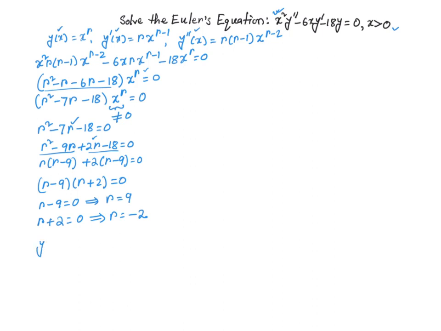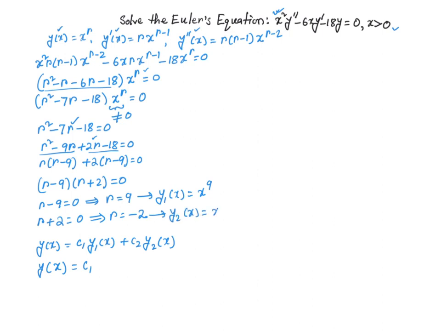So my general solution is going to be y of x is equal to c1 times y1 of x plus c2 times y2 of x. So this basically tells me that my y1 of x is going to be x to the power 9, and this tells me my y2 of x is going to be x to the power negative 2.